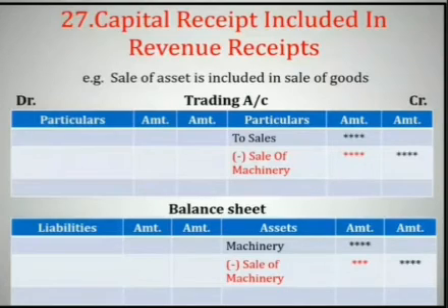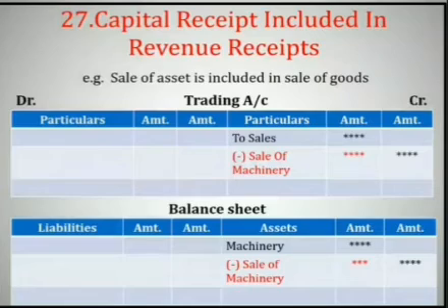Now, whenever we write the sales, we have to write only the sale of goods. It is not the sale of any asset. That is why if that has been wrongly included, then of course we have to deduct from that particular sales.